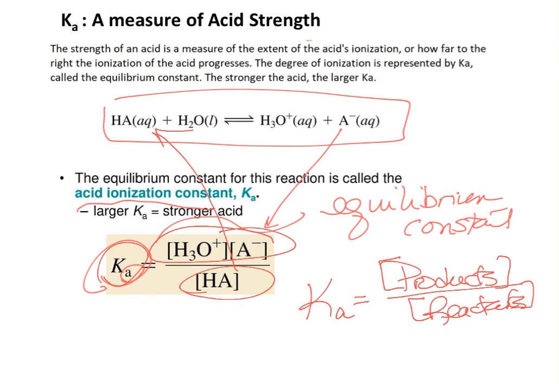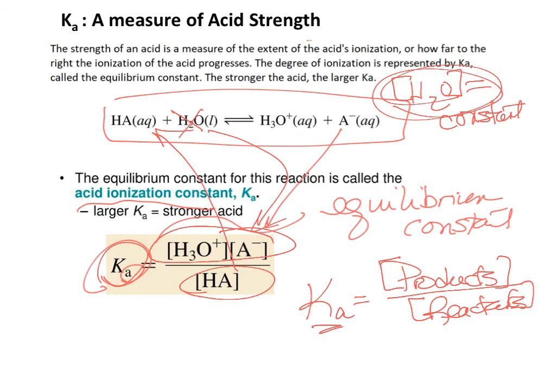So the more a weak acid or a weak base ionizes or dissociates, the larger the Ka will be. Notice also that water has been left out of the equilibrium expression, and that's because the concentration of water is a constant. It doesn't change. It does have a value, I think it's like 55 molar, but it doesn't change.